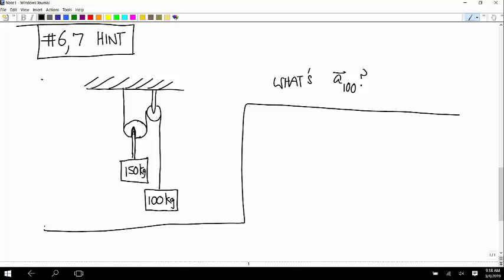In order to lift this up a half an inch, you have to pull this down an inch. And that same effect transfers to velocities and accelerations. So let's say the acceleration down of the 100-kilogram mass is twice the acceleration up of the 150-kilogram mass.